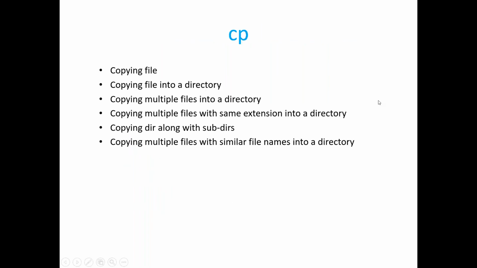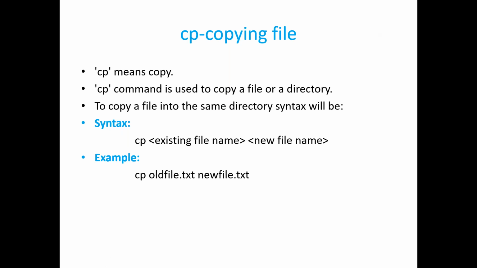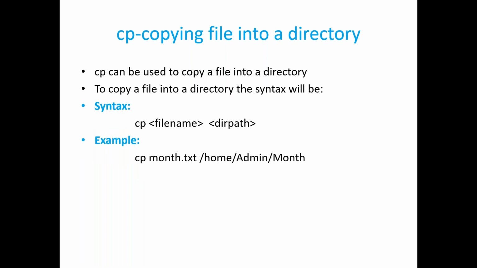So the alternative is, before deleting any file or directory, we should take a backup, right? We can take the backup by using the cp command. The cp command can be used to take a backup of a file or create a copy of a file, and it can also be used to copy a file into a directory.